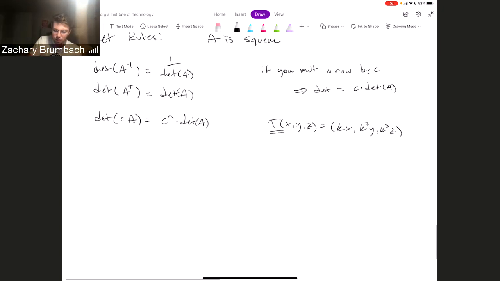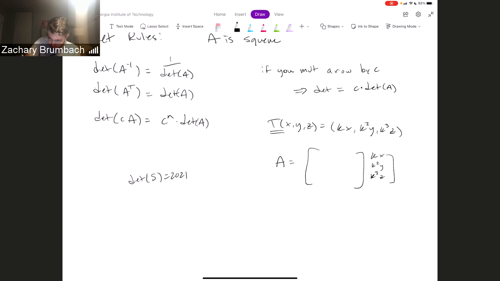So this T is being described as a matrix, okay? So this matrix A, what is it? So we're resulting in kx, right? The determinant of S equals 2021. That's what I just mentioned, but we'll get back to that fact in a second.